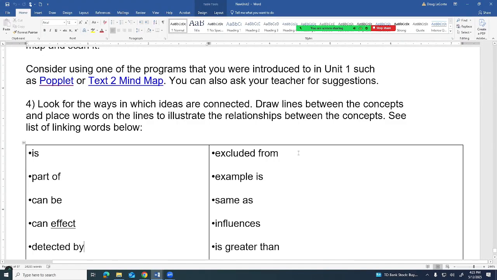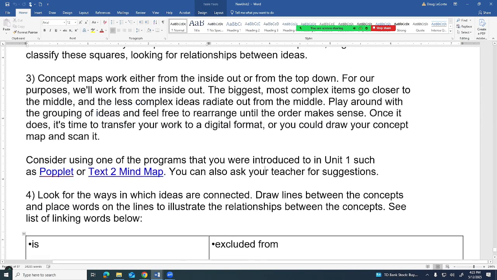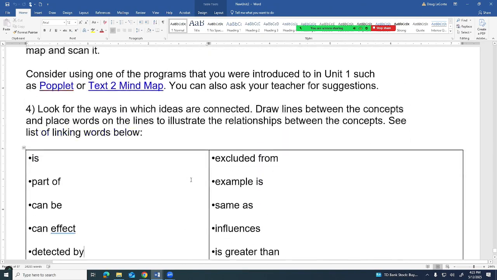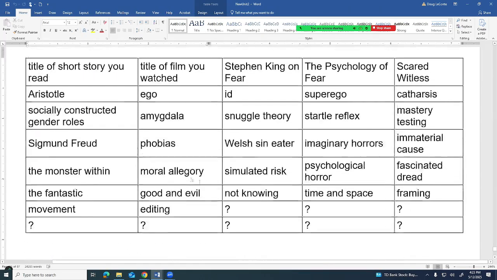"Excluded from." So you can make that connection between how some concepts, some abstract concepts, are excluded from, let's see, the moral allegory.